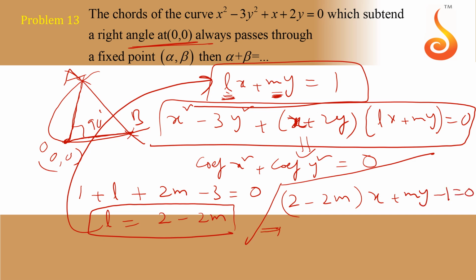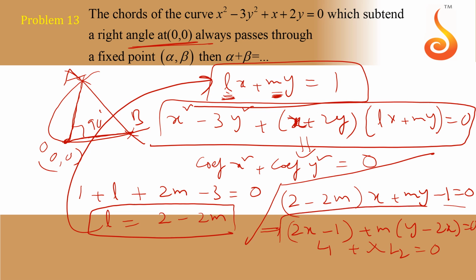If you simplify this, 2x minus 1 is independent of m, plus m if I take (y minus 2x) equal to 0. Did you observe anything? It is in the form of L1 plus lambda L2 equal to 0. So what you understood?